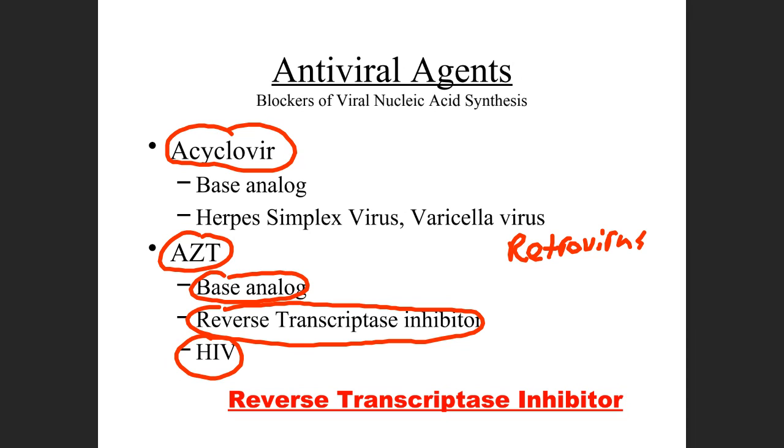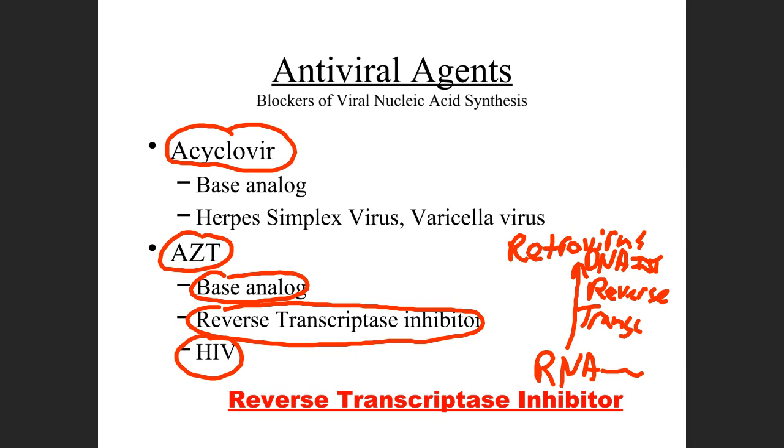What retroviruses do is take single-stranded RNA and convert it into double-stranded DNA, reversing the process of transcription. To do that, they need this enzyme called reverse transcriptase, which is part of the virus and comes along with it.